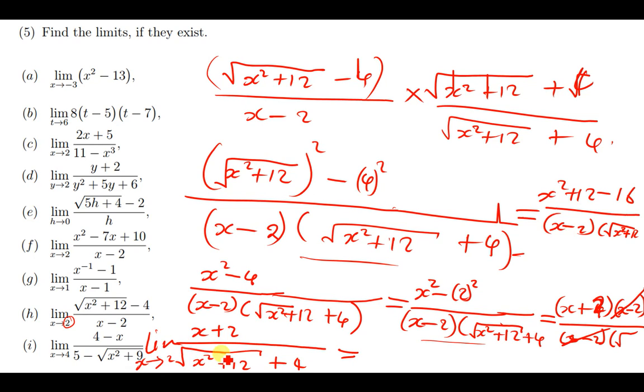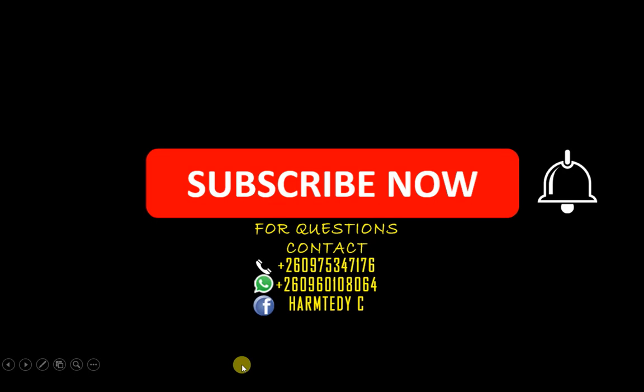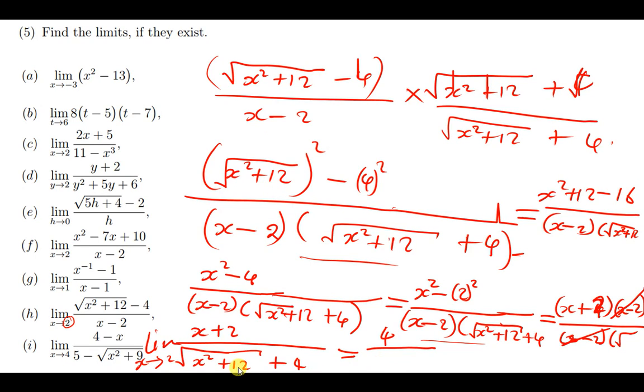So when we put 2 there, 2 plus 2, the answer will be 4 on top. Then down there, we're going to have 2 squared, the answer will be 4. 4 plus 12 will give us 16.